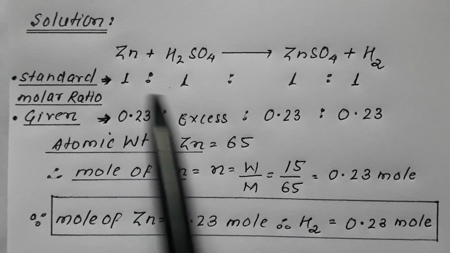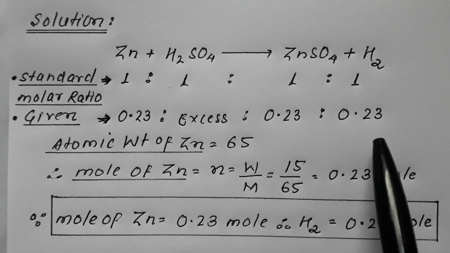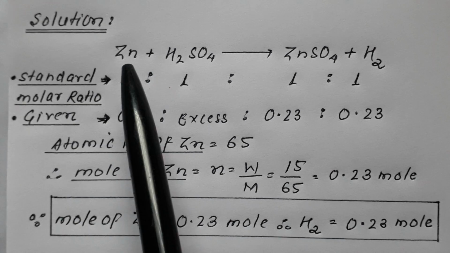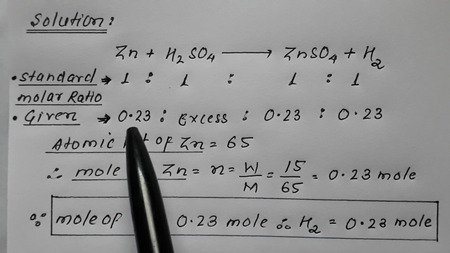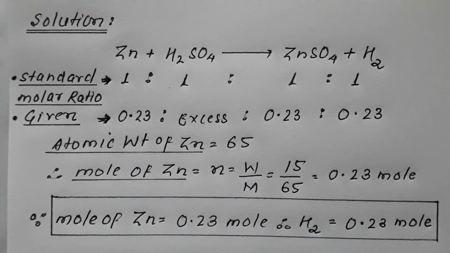Since mole of zinc is 0.23 mole, the mole of hydrogen is also 0.23. So on the basis of the weight of zinc, we have calculated the mole of zinc. On the basis of mole of zinc, we have calculated the mole of hydrogen, and now I proceed to the further calculations.